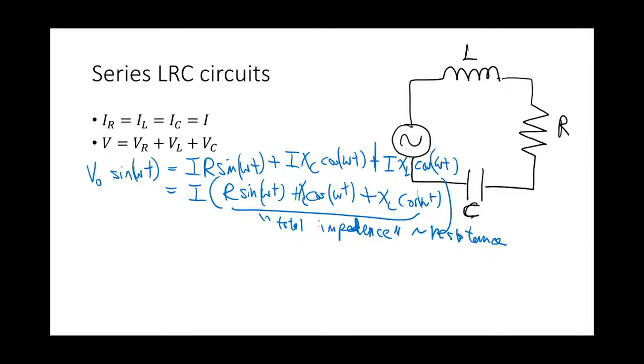But if we do the phasor diagram for that sum, what you see is that you have R, that's a sine function. You have XC, that's a cosine function, positive.